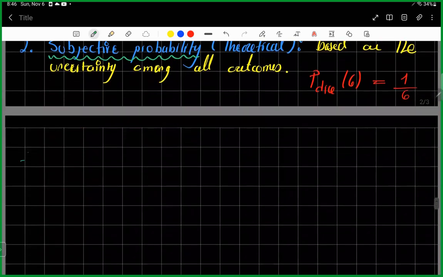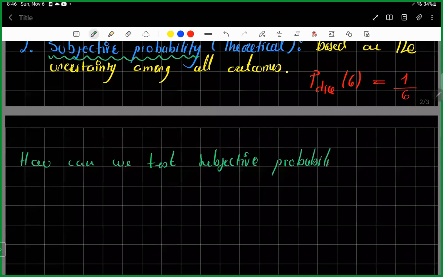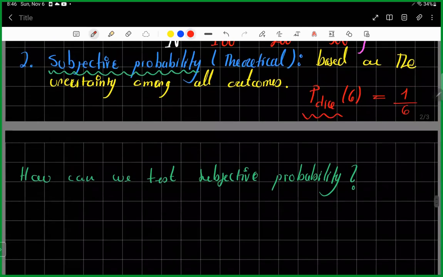So how can we test subjective probability? Basically, you test your assumption of probability, because this is an assumption.